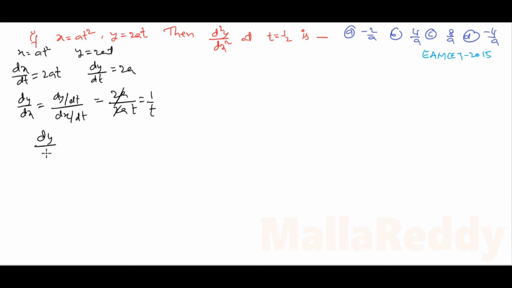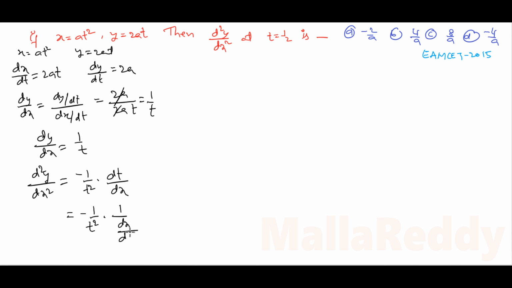Therefore dy by dx is equal to 1 by t. Now we take differentiation with respect to x. The derivative of dy by dx, that is d square y by dx square, is equal to the derivative of 1 by t, that is minus 1 by t square into the derivative of t, dt by dx, that is minus 1 by t square into 1 by dx by dt.